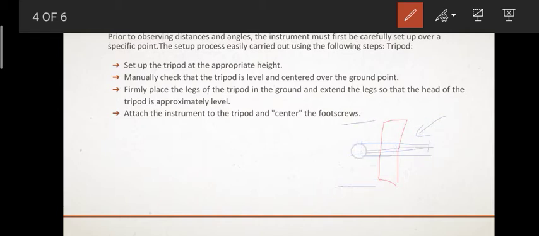It should be at the center here. All three foot screws should be at the center. It becomes very easy and fast to level the instrument if you bring it to the center first.